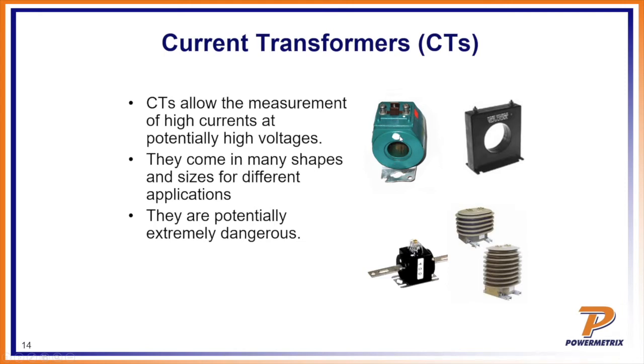The primary goes through the inside of the CT and uses that magnetic field to decrease the current coming in. Over here on the bottom left, that's what we call a bar type CT. It's a window type CT with a metal bar going through it that I've seen in some of these compact pad mount style installations where they're stepping the current down. Same concept, just a different style of CT.